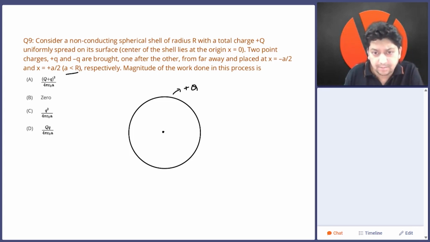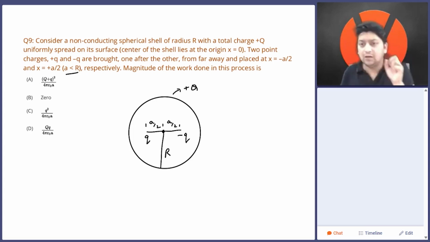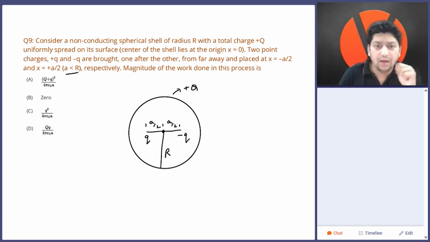It means one charge is placed over here and another charge is placed over here. So this is the scenario, and this distance is a by 2 and a by 2. This is the radius r of the spherical shell. Now, the magnitude of the work done in this process is how much?